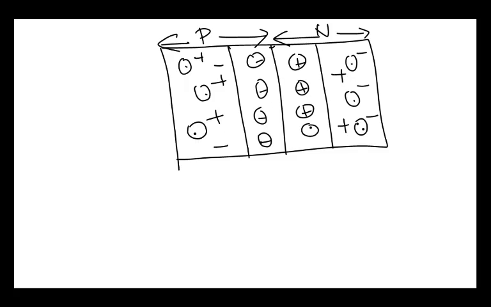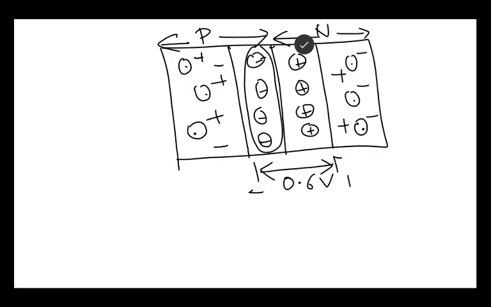These are also positive ions, and this is the barrier voltage. Let's take the example of silicon, in which case it will be 0.6 volts, and its polarity is negative on this side because these are negative ions, and positive on this side because these are positive ions.